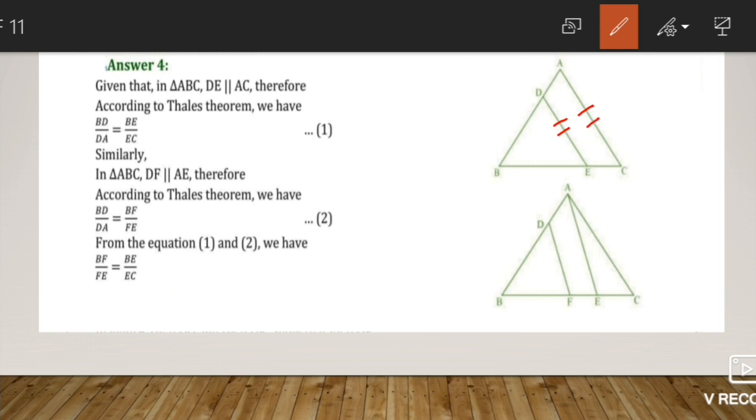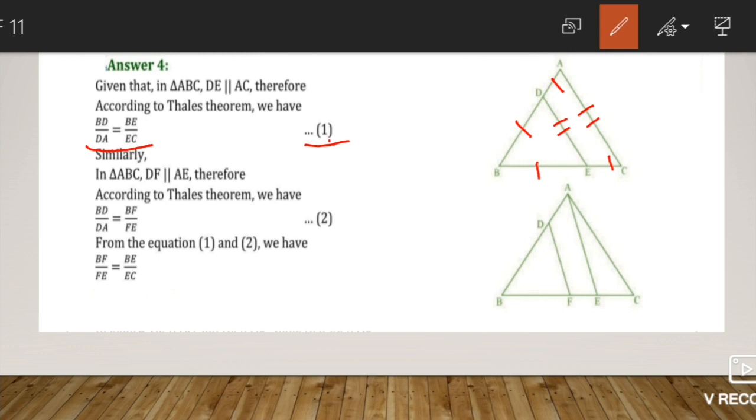So in triangle ABC, DE is parallel to AC. So by using BPT theorem or basic proportional theorem, you can say that BD by DA is equals to BE by EC. Okay, that's why here written BD by DA is equals to DE by EC.